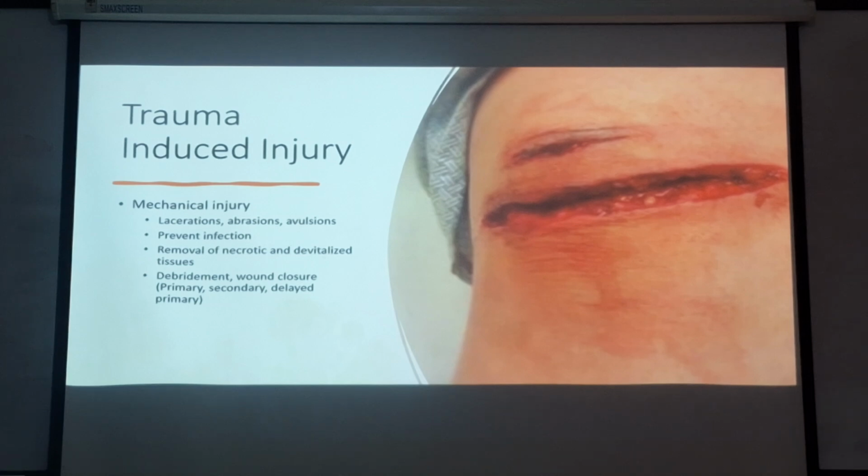It could be primary closure by suturing, or it may be secondary intention. You just wait for the wound to granulate, or delayed primary closure. Now you went through this with Dr. Sabanat, no? Okay?